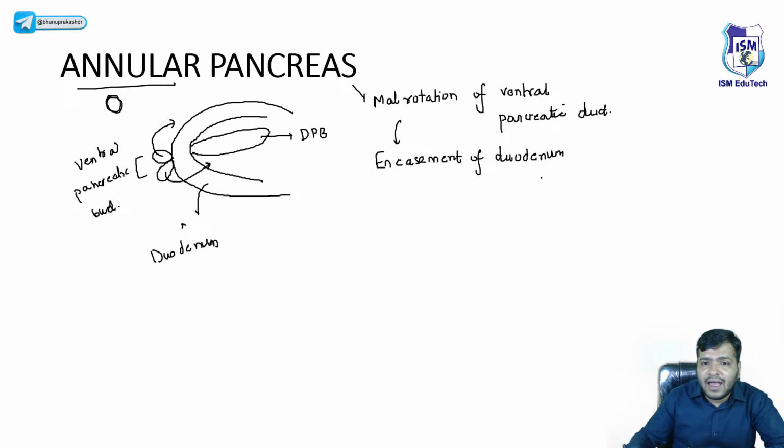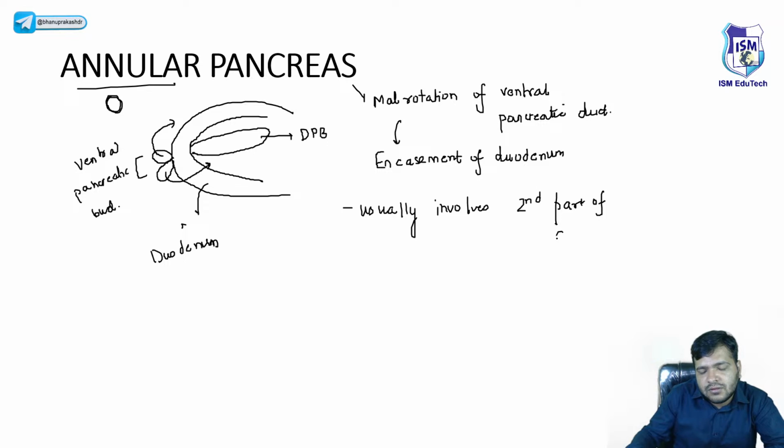Usually it involves the second part of the duodenum, because I've already told you the proximal part is developing from the foregut only, right? So it usually involves the second part of the duodenum.